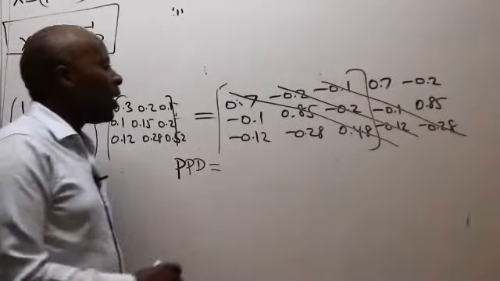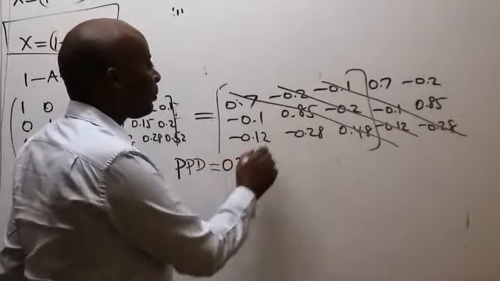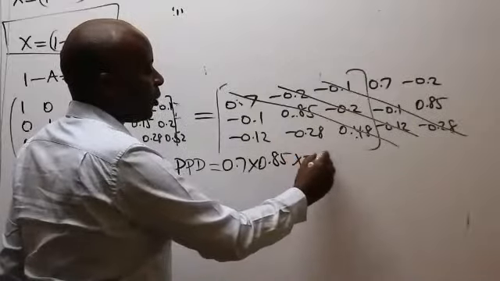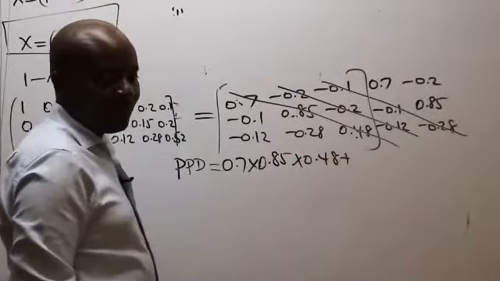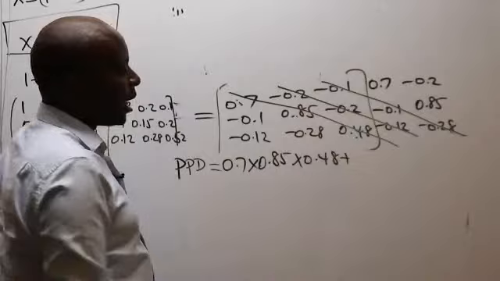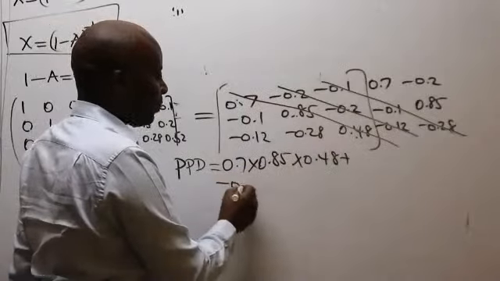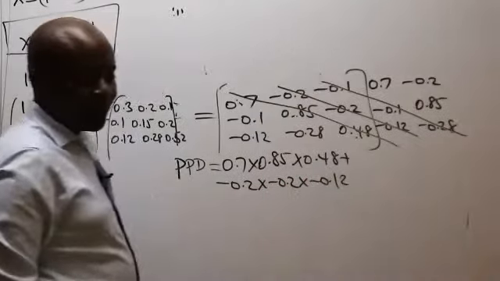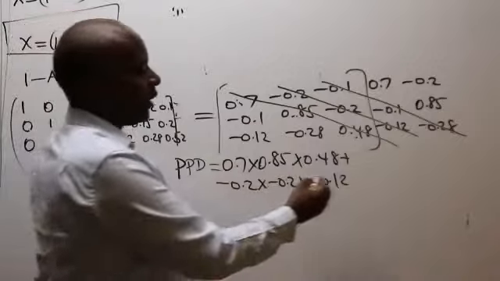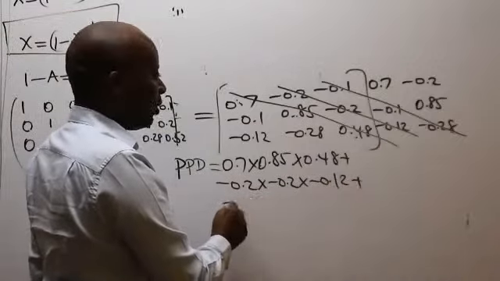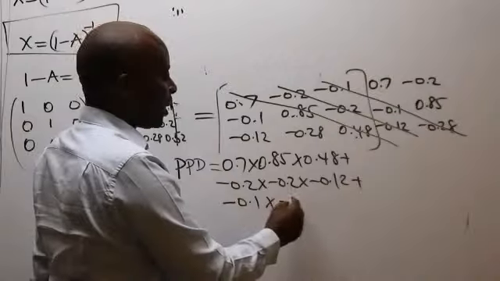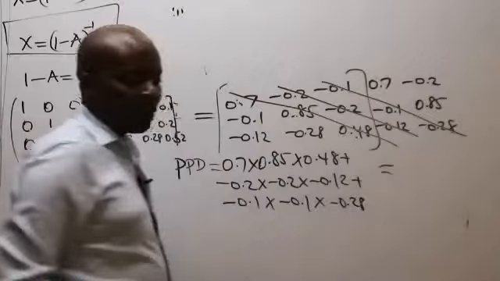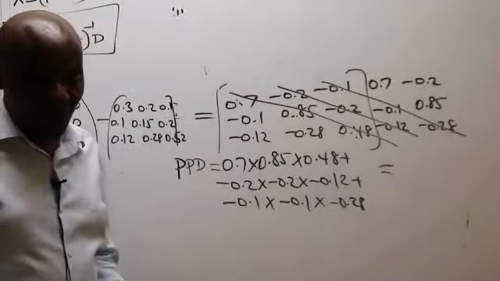So the product of the primary diagonal here will be 0.7 times the second figure, which is 0.85, times the third figure, which is 0.48, plus the second diagonal here will be minus 0.2 times minus 0.2 times minus 0.12. Plus the third diagonal will be minus 0.1 times minus 0.1 times minus 0.28. And then now you should be able to give us what we call the product of primary diagonal.